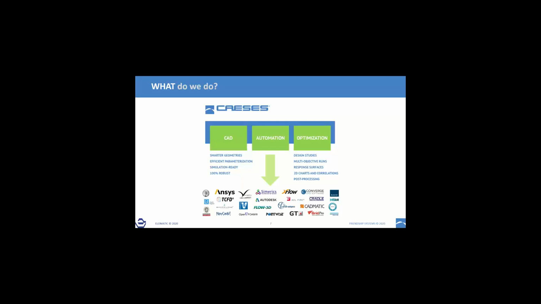CAESES as a platform consists mainly of three components. The first one is a specialized CAD system, which is focused on the variation of complex geometries. It allows you to create so-called smarter geometry models that take into account all the requirements and parameterize them in an efficient way, which means with a lot of flexibility and freedom for shape changes, but as few parameters as possible to keep the effort in a subsequent optimization as low as possible.